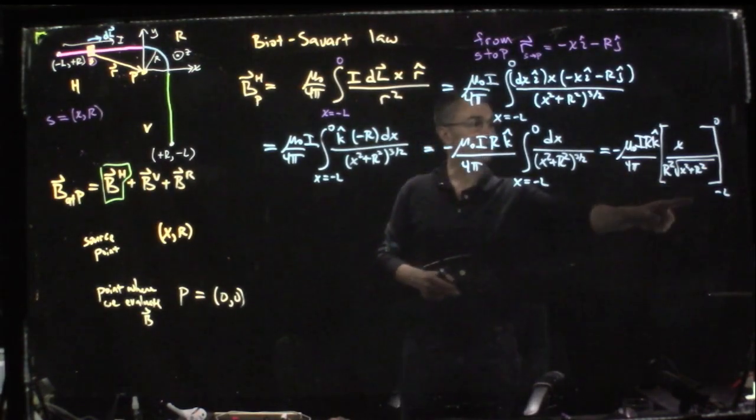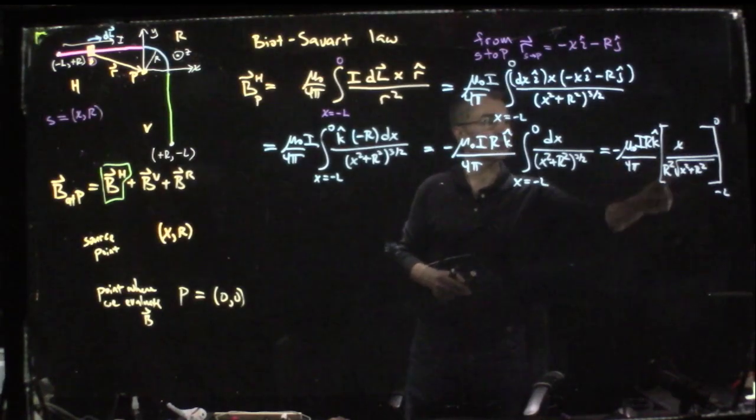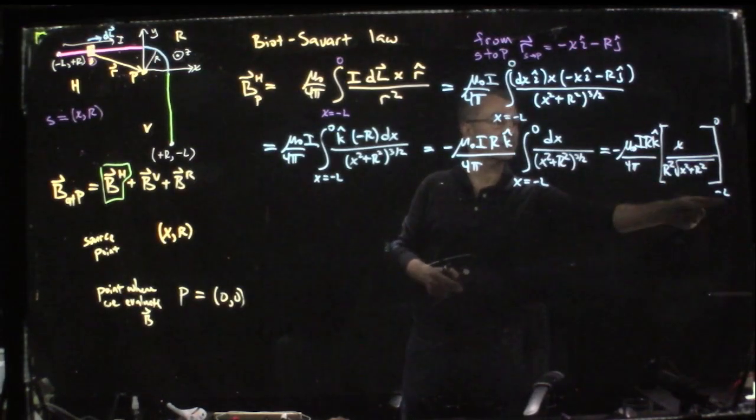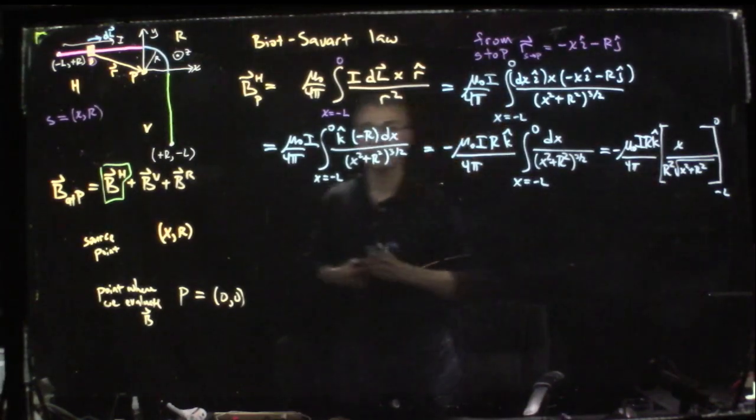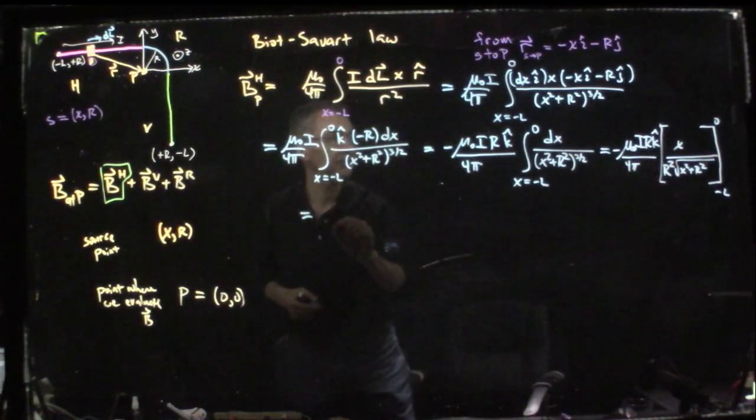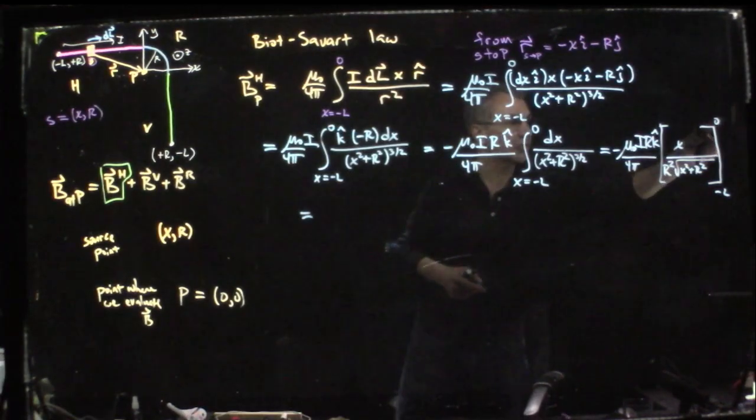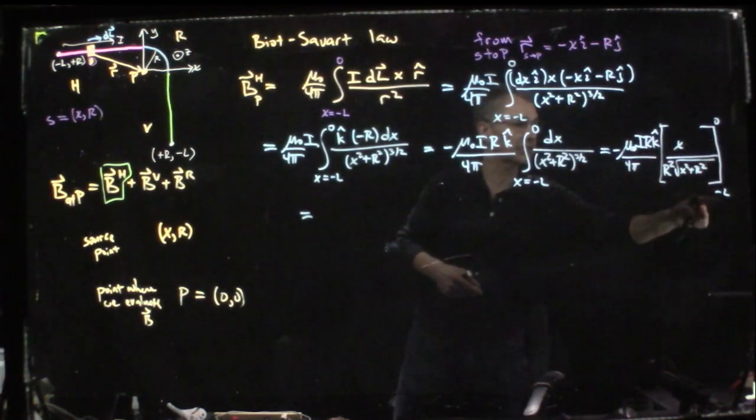Okay, so we want to evaluate this. At x equals 0, this is just 0. At x equals minus L, we plug in x equals minus L, but this is the lower limit of the integration, so we have a minus sign to kill that minus sign. So this will just be plus L. So this is right, because the upper limit of the integration gives us 0, so then we subtract the lower limit of the integration, which is negative.